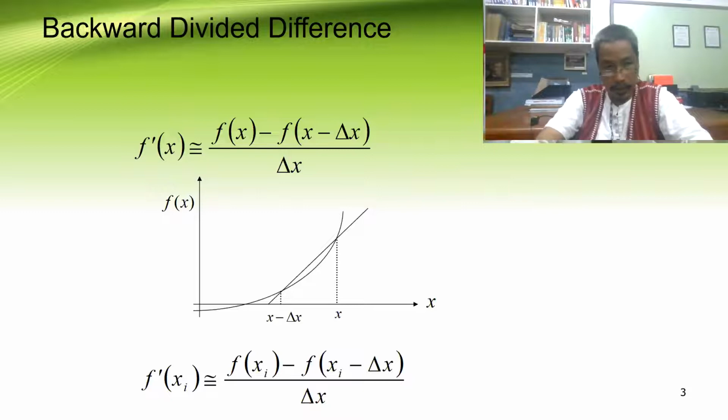So let us approximate using numerical methods with finite value of delta x. Our first derivative of function of x is equal to the numerator function of x minus function of x minus delta x divided by the denominator delta x.